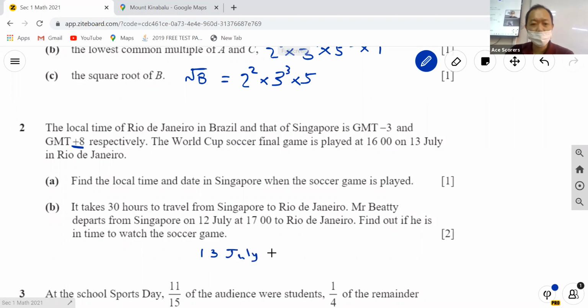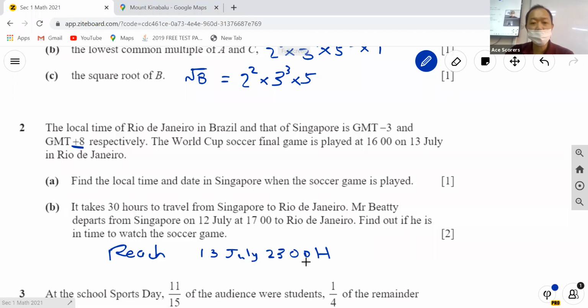1700 plus 6 is 2300. Wait, 24. Sorry, he'll reach on the, yeah, correct. So he will reach on the 13th of July, 2300 hours, but this is Singapore time, right? So you need to revert back to Brazil time.